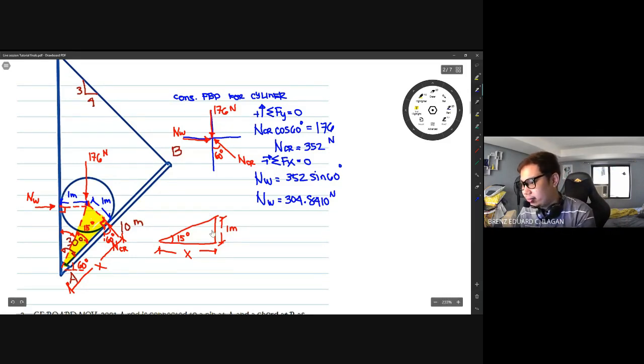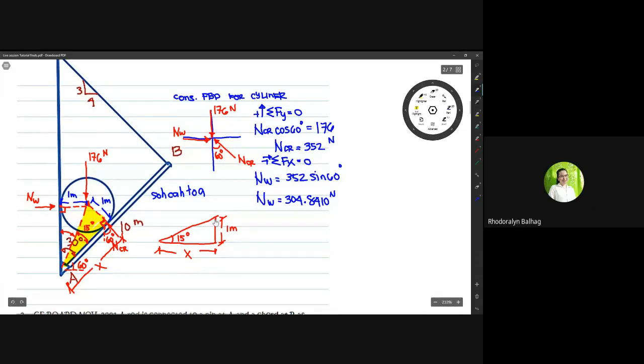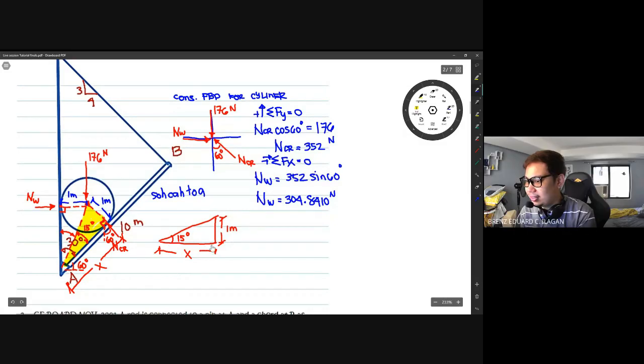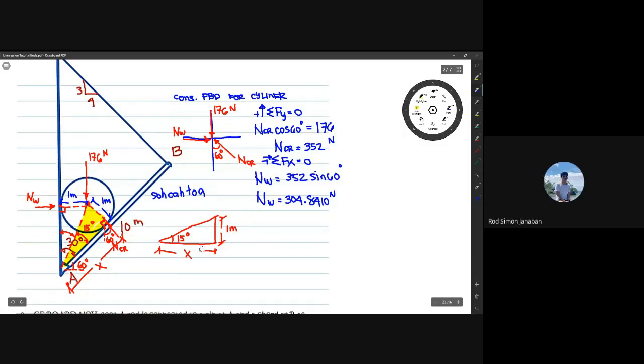Ayan, no? Ano to ng triangle? If this is your angle, ano to ng angle na yun? Opposite. Eh, ito. Adjacent. Adjacent po.